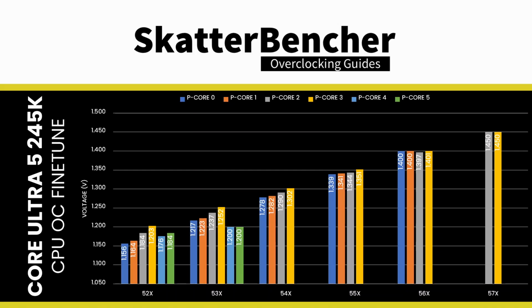In the end, I could achieve 5,633 MHz for P-cores 2 and 3 at 1.45 volt, 5,533 MHz for P-cores 0 and 1 at 1.4 volt, and still only 5.3 GHz for P-cores 4 and 5 with 1.2 volt. The last two P-cores were behaving quite weirdly because the voltage limit was 1.4 volt, like the E-cores, and not 1.45 volt, like all of the other P-cores.